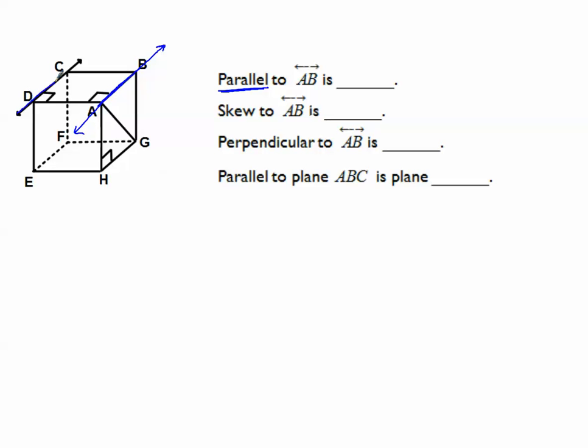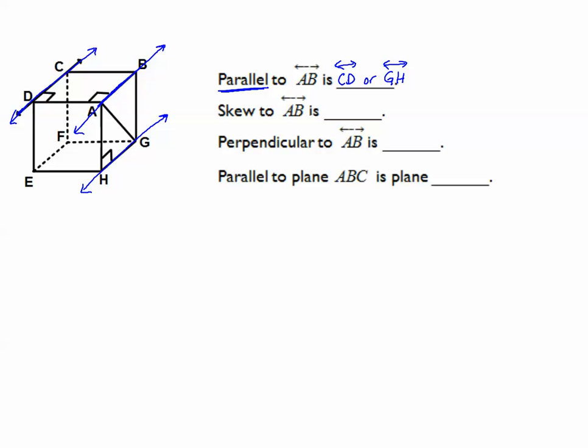That would be like line CD. That is a line that is parallel to AB. Also, GH is a line that is parallel. So both of those are good examples of parallel lines. There are many other lines that are parallel to AB. Those are just a couple of examples.